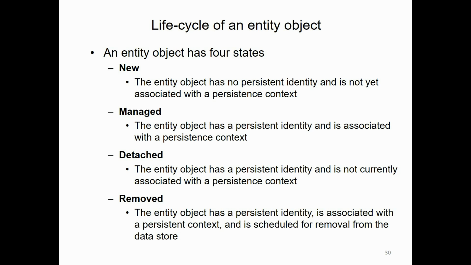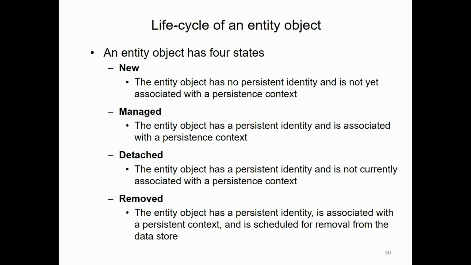At some point, we will call a method in the entity manager that will cause this object to be persisted, which means that this object will now be associated with a row in the table. In other words, that row will be inserted. This is a new object, so it will be inserted into the table. And very importantly, the object will be given its persistent identity.